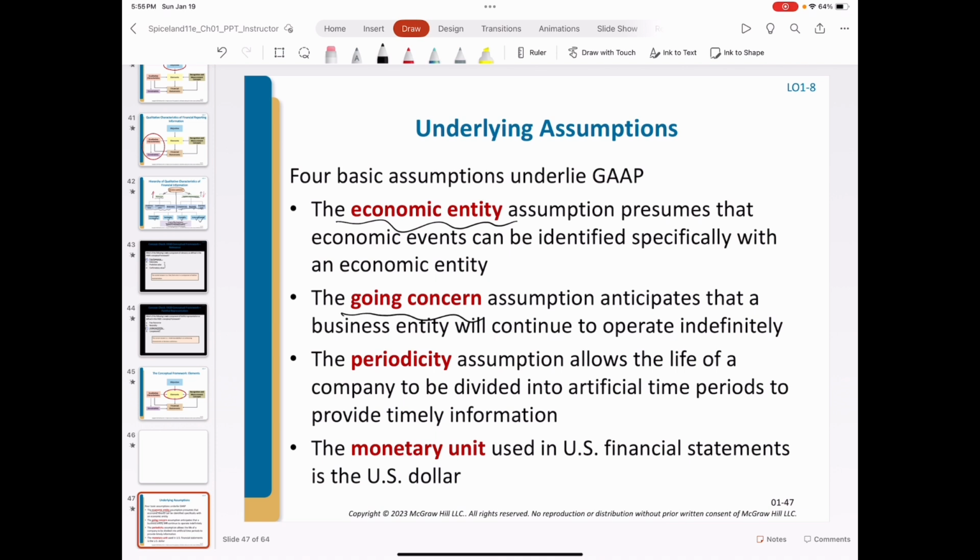The next is the going concern assumption. We know all businesses will finally fail. Some may last only a few months, some a few years or decades, some hundreds or even over 1,000 years, but no business can last forever, right? But as long as the business is operating, we assume it has a limited lifespan.